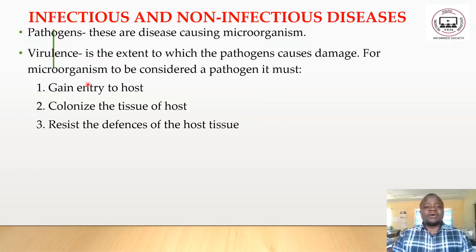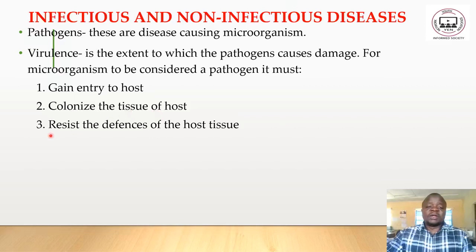A host is an organism that is accommodating a pathogen. So if a bacteria is causing a disease in you, then you yourself are referred to as a host organism. Number two, it has to colonize the tissue of the host. To colonize is to find a tissue and settle there.